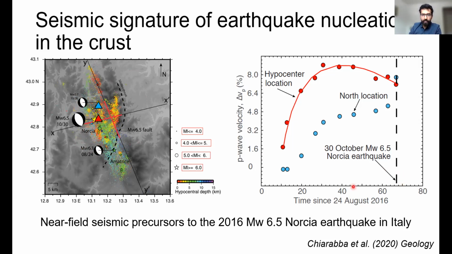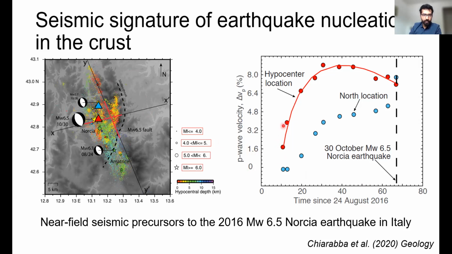So on the right, the plot shows time since the Amatrice earthquake on the x-axis, and I'm marking the dashed vertical line to mark the final earthquake in the sequence, the 6.5 event, on day 67. So on the y-axis, you have a percent change in the P-wave velocity at 2 seismometers, which are colored red and blue on this map here.